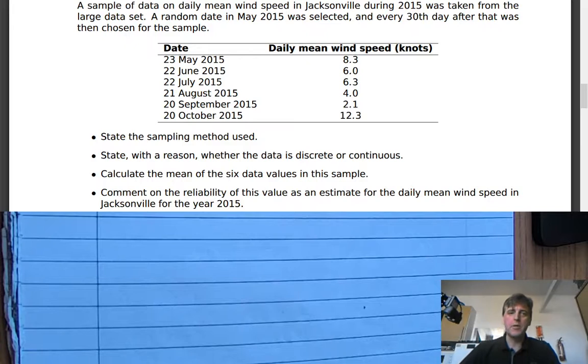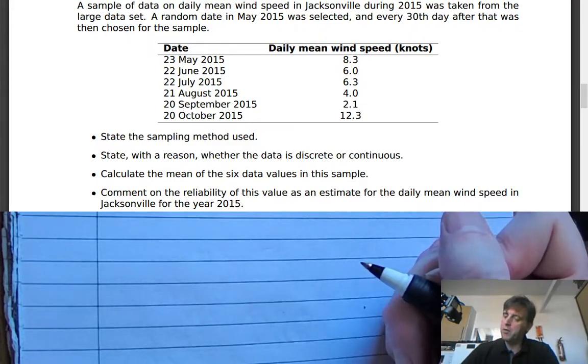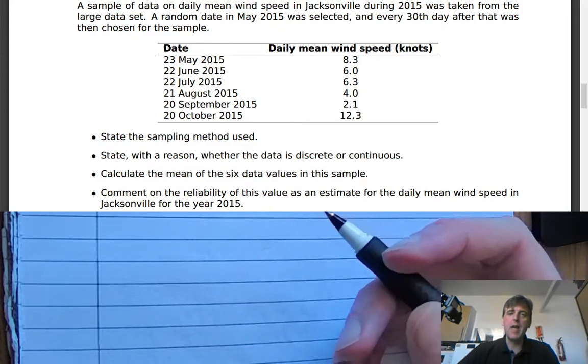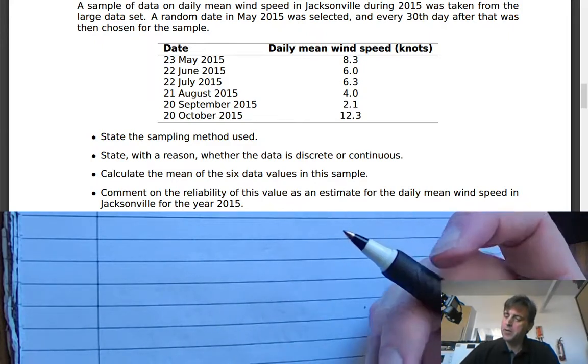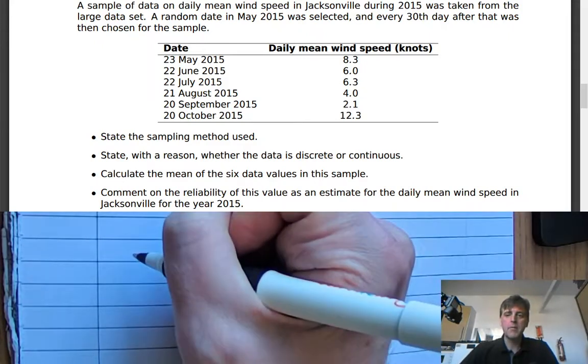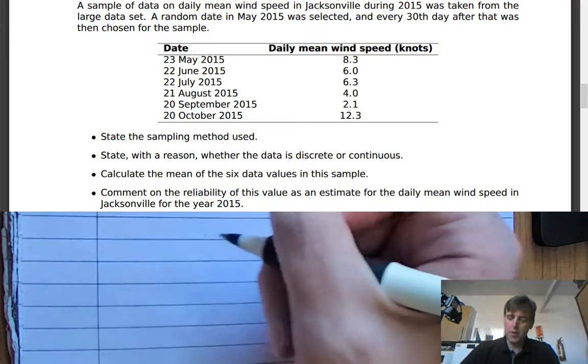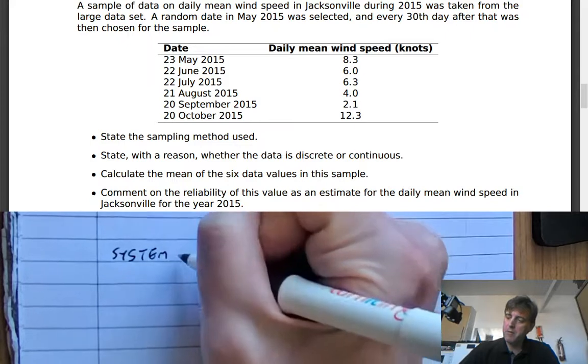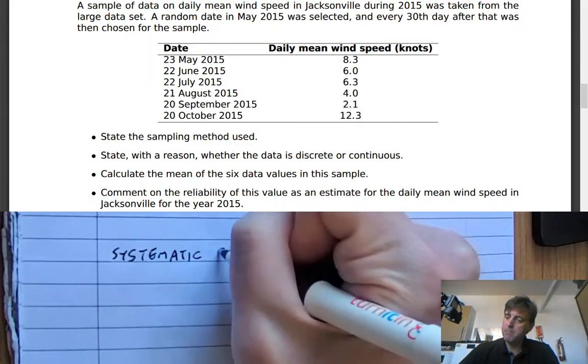Okay, here we go then. So what do you think? The sampling method used. Well, the sampling method where we pick an item and then just pick every nth item after that, in this case every 30th item after that, that's systematic sampling. So systematic sampling is the sampling method that we've used there. Hopefully you recognize that.